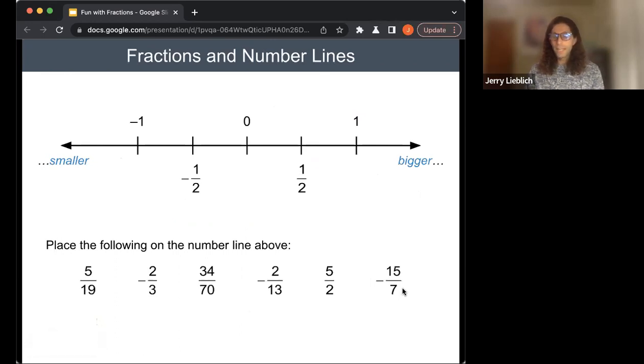I'd like you to take a minute and put these fractions in order on the number line. And when you're done, you can just let me know in the chat that you're done. Where do they go, approximately? You may want to draw this on your page first and then write all these in.